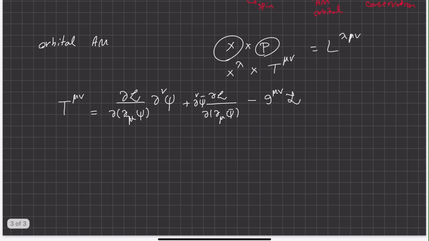Now I'm going to calculate this term here. As we said, this term is 0 because there's no explicit dependence of the Lagrangian on the derivative of psi bar.